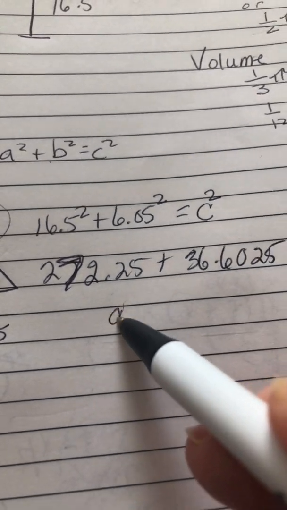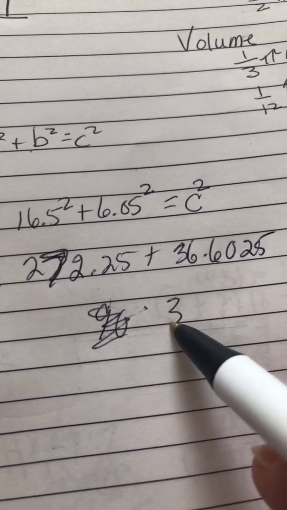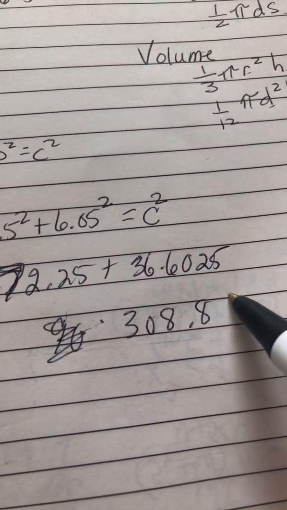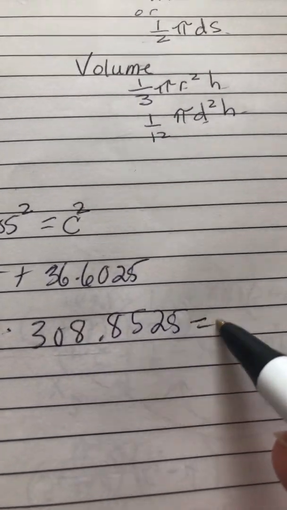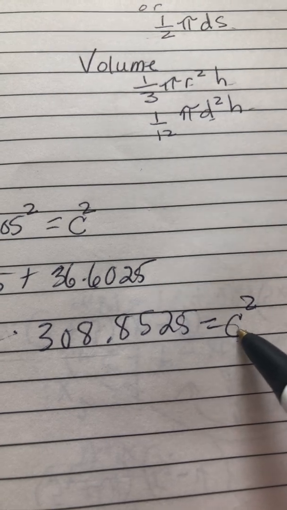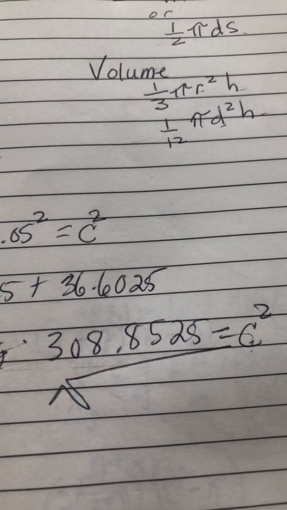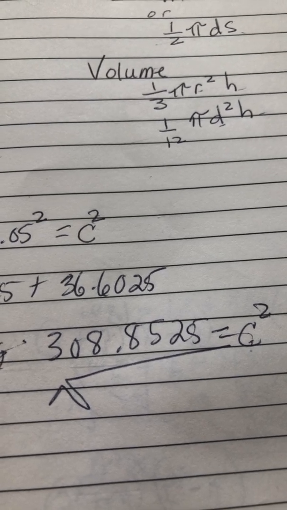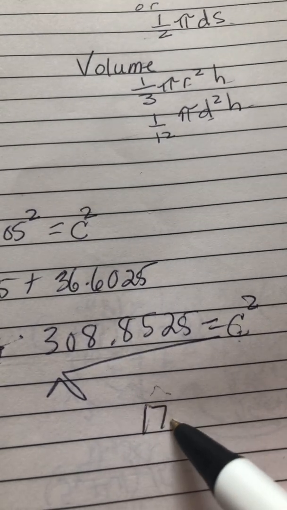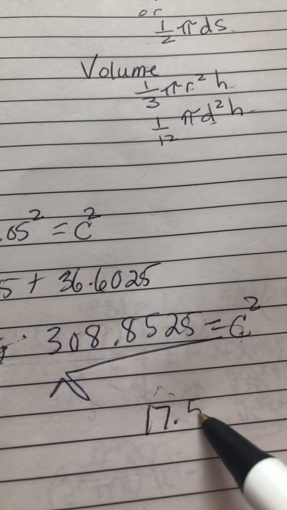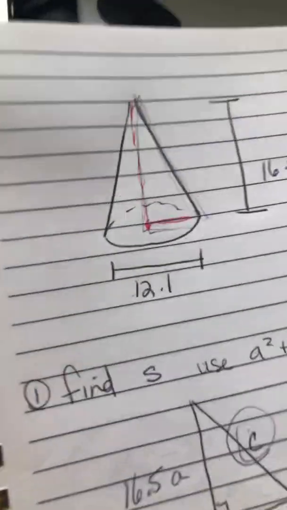That gives us 308.8525. And we want to know the square root of this, because this equals c squared, so we want to know what is just regular c. So we'll take the square root of that number, and we get 17.574199984. Okay, so that's our slant height.